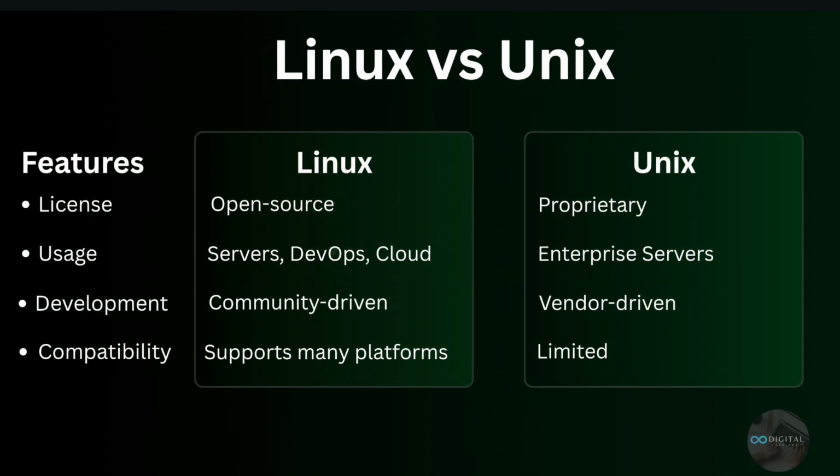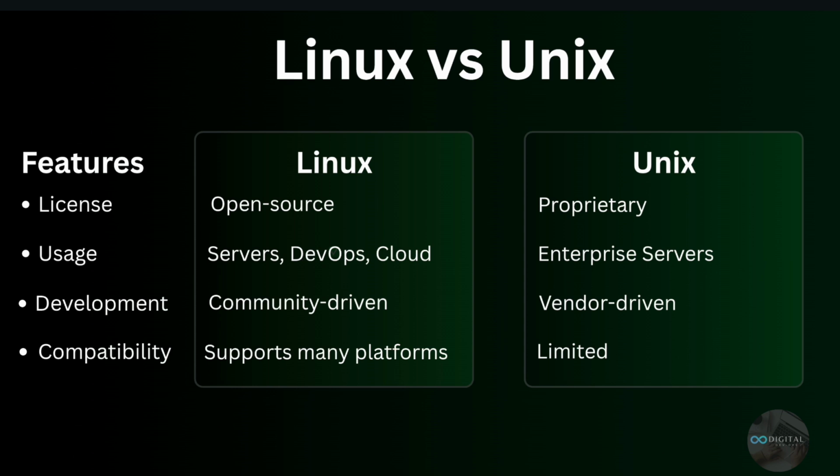Linux and Unix are closely related. In fact, Linux was originally designed to be Unix-like. The biggest difference is the license. Unix is mostly proprietary, owned by vendors like IBM or Oracle, while Linux is open source.